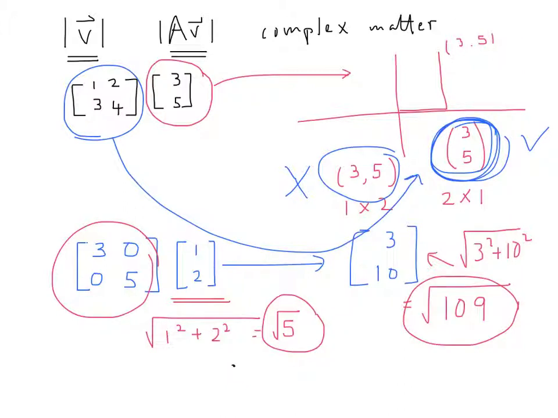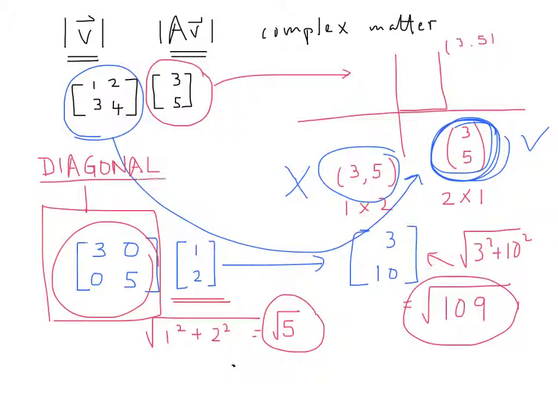However, this matrix is a very special matrix. It is called a diagonal matrix, and you can see why that is, because this matrix only has elements along its diagonal. Now, the thing about a diagonal matrix is it's very easy to find its action, because all you have to do is multiply this element by this and this element by this.